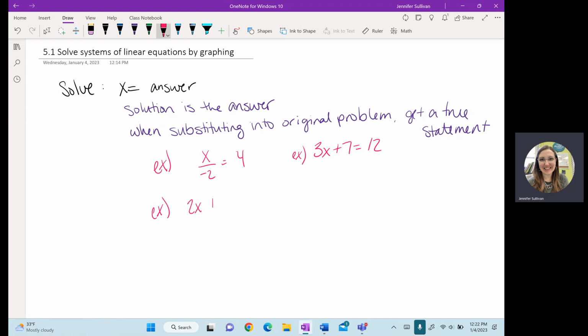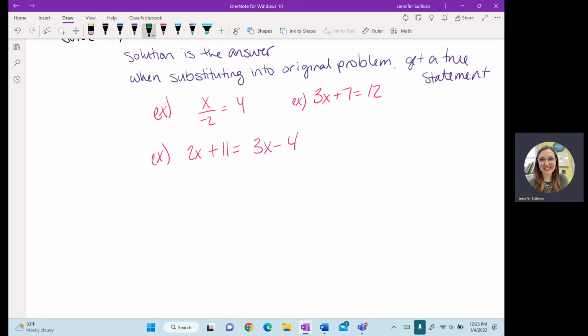So 2x plus 11 equals 3x minus 4, something like that. And so we saw lots of different types of equations, but in all of our equations, we only had one variable.